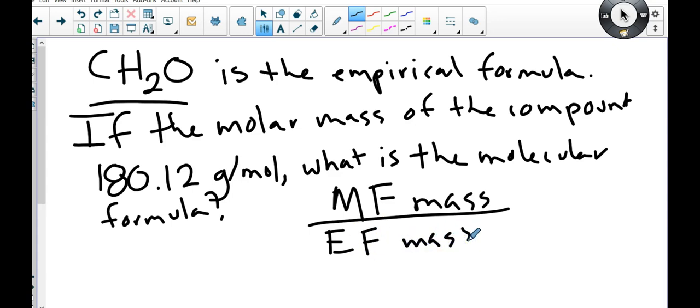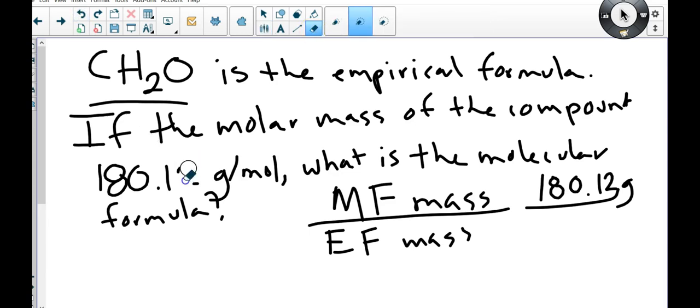Your molecular formula mass will be given to you. It's 180.12 grams per mole. And then the empirical formula mass is 12.01 plus 1.01 plus 1.01. I think this actually ends up being an 8.